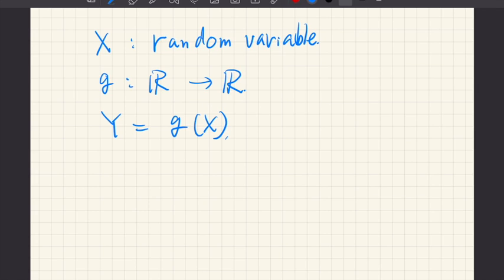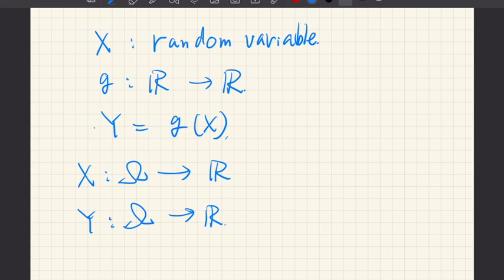But remember, random variables are functions. So x was a function from omega to real numbers. So if we say y is a random variable, it should also be a function from omega to real numbers, right? So does that make sense? That means y is a measurable function from omega.